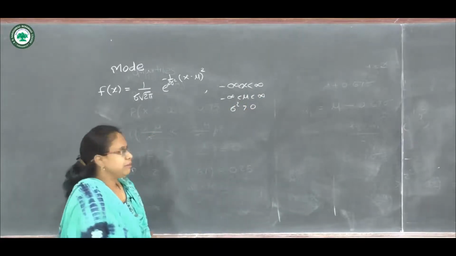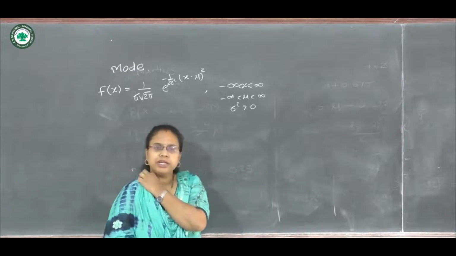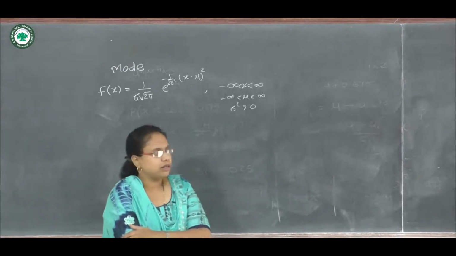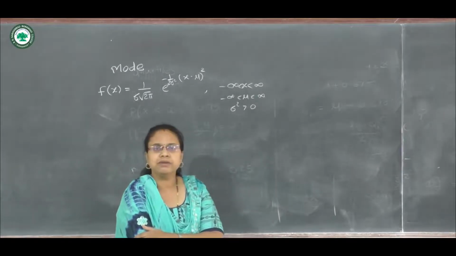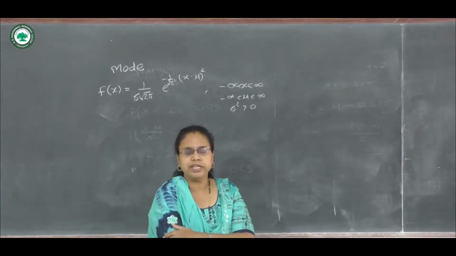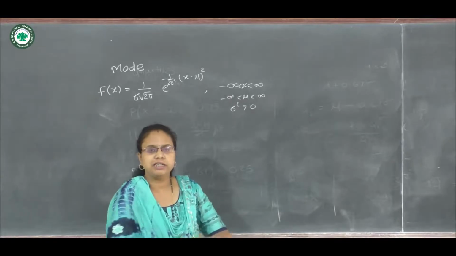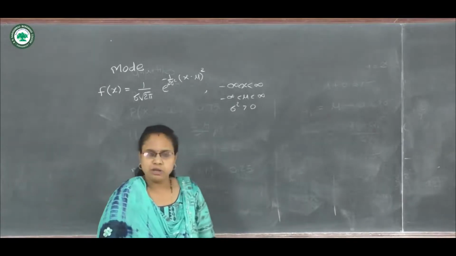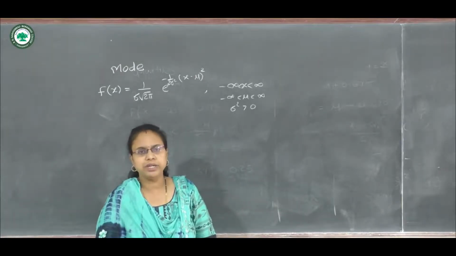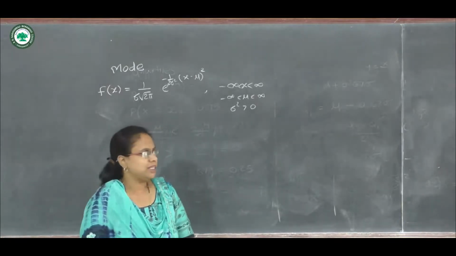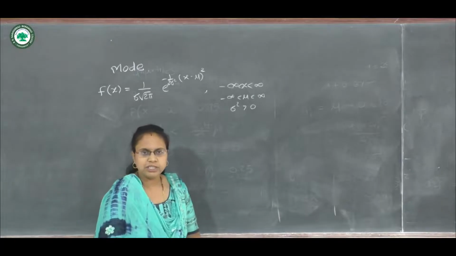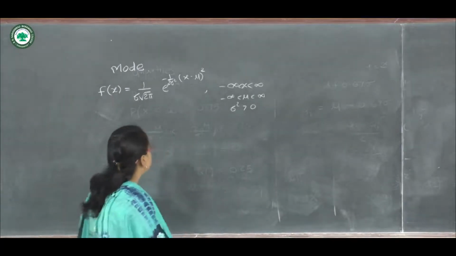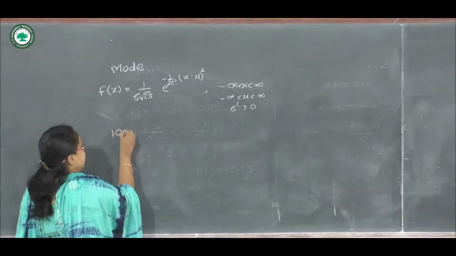The method of obtaining the mode is either to take its first derivative directly, equate it to 0 and then check the second condition for maxima, or to take its log, then its first derivative, equate it to 0 and then check the second condition, that is, the second derivative should be less than 0. So we will solve this by using log.